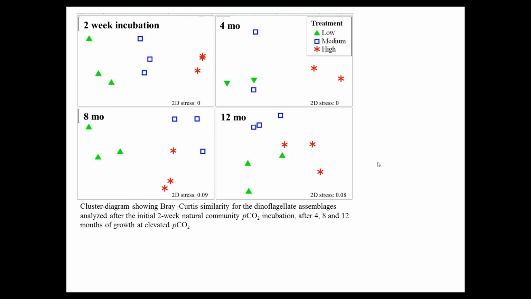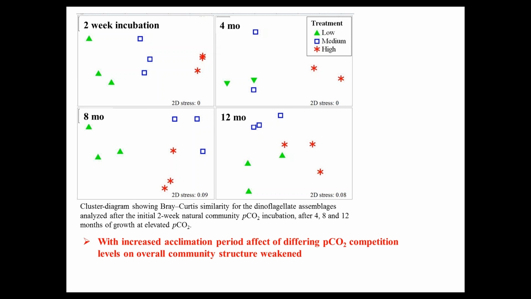And although they were all significantly different due to CO2, what we found is that over time, with increased acclimation or conditioning period, the differences due to CO2 started to weaken. So the longer they were allowed to adapt to these conditions, the less the CO2 seemed to drive what happened within those two weeks of incubation.